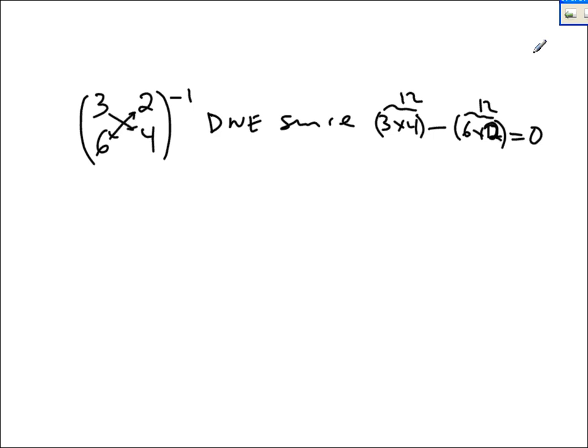That matrix is singular. That is, it has no inverse. We tried to find the inverse, but we couldn't. If the subtraction of that product is 0, forget about it. The inverse does not exist.